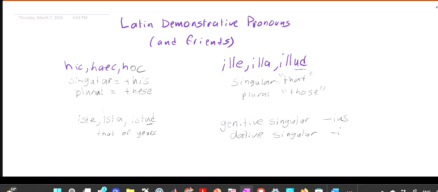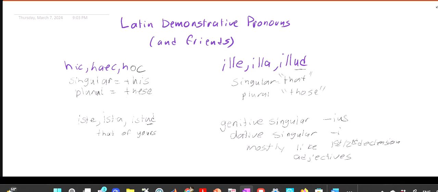Otherwise they are mostly like first, second declension adjectives, like bonus, bona, bonum, or first declension nouns like puella.